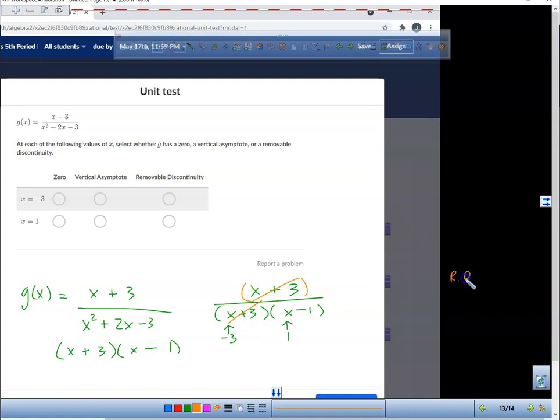So put RD, short for removable discontinuity, at x equals -3. What happens in the bottom of the rational function? Vertical asymptote. So we've got a vertical asymptote at x equals 1. So those are two answers: removable discontinuity at -3 and a vertical asymptote at +1. Okay?